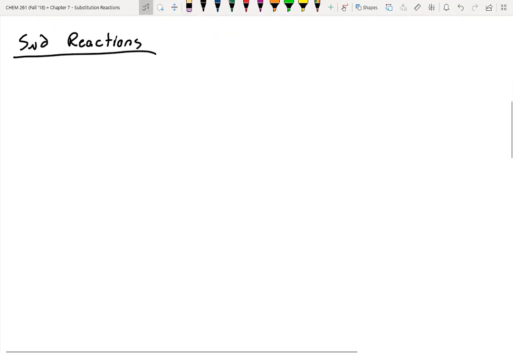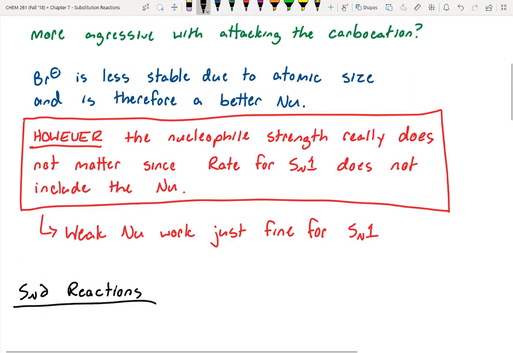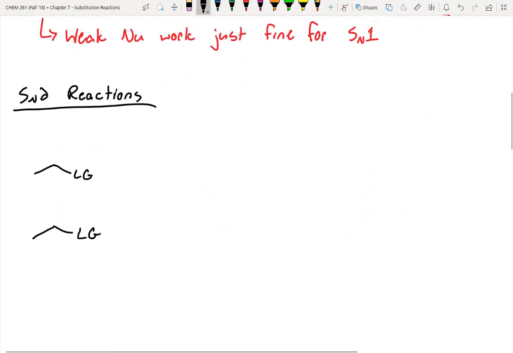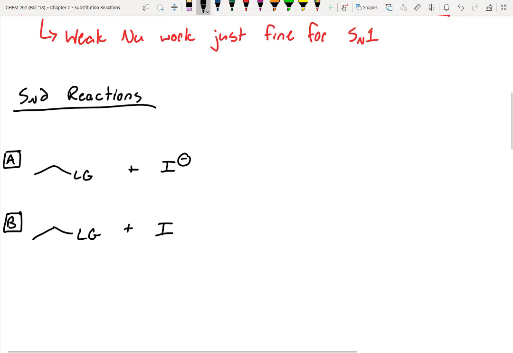All right, so let's do the same thing with an Sn2 reaction. We've got a primary carbon. Did I do iodide first? I'm trying to remember. Yeah. It should be Br minus. All right, so in the first one, what we've got is a nucleophile that can attack the backside, kick off the leaving group.